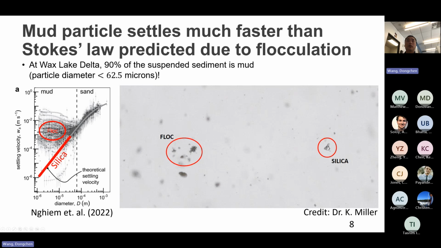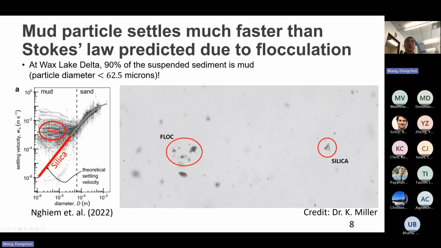Basically, the increase in aggregation will increase the gravitational force on the particle, and hence the flock settling. If you look at flock settling data, it will not fall perfectly on this red line.